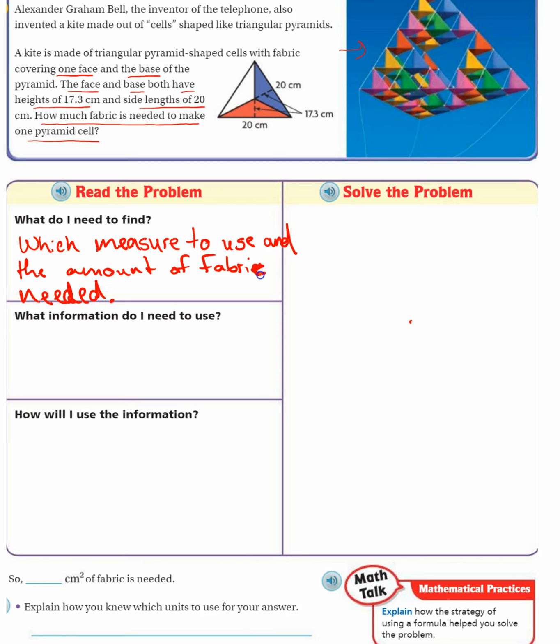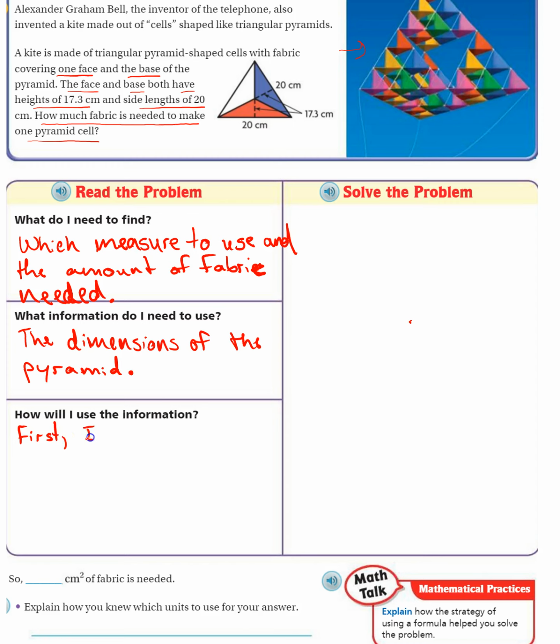That's a C. Okay. What information do I need to use? The dimensions of the pyramid. How will I use the information? Well, first you need to decide which measure to use.